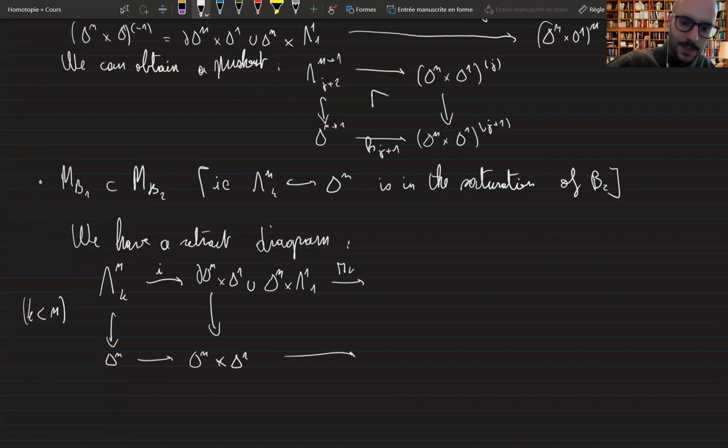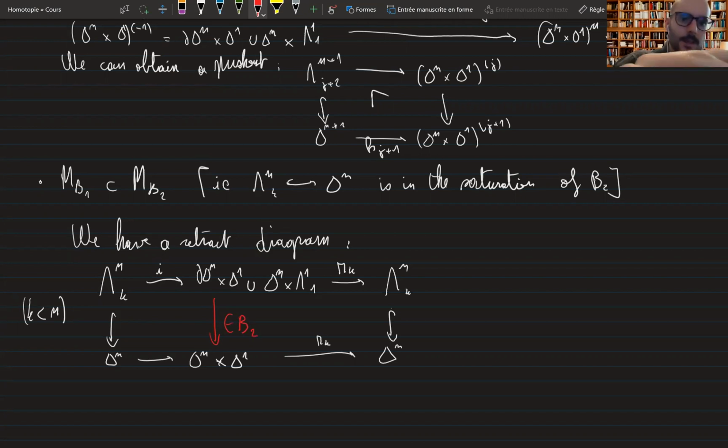And here this is rk, and here this is rk. You go here to lambda nk, and here you go to delta n. So this map belongs to B2. Right. So if we can prove that we have a retract like this, then we are done.